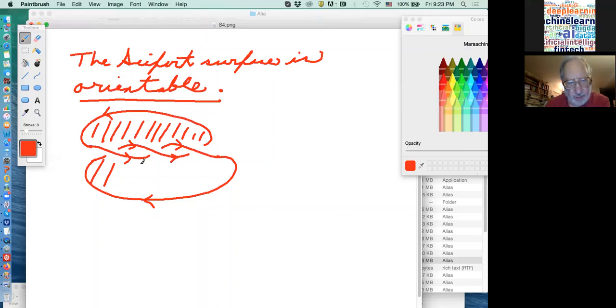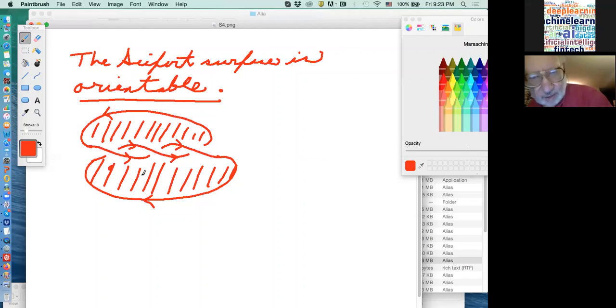And here's the other disk. And as you see, if you started here, then your normal vector will get flipped when you go through the twist, but then you come back and you see that any path that takes you between these two has an even number of flips. And so indeed, it's apparent that this is an orientable surface.